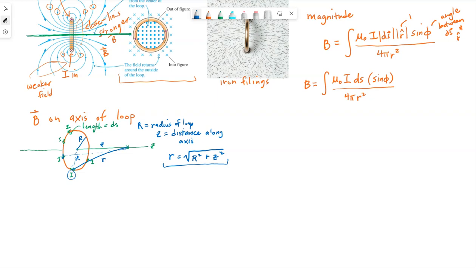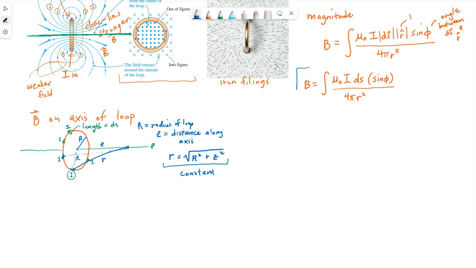So each piece of this loop is the same distance away from a point on the axis. So this is actually a constant for each piece, meaning there's nothing in this portion that needs to be integrated.